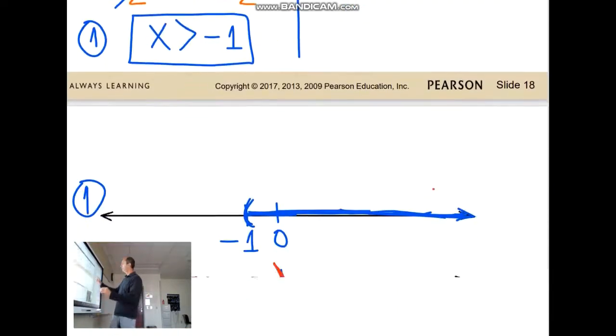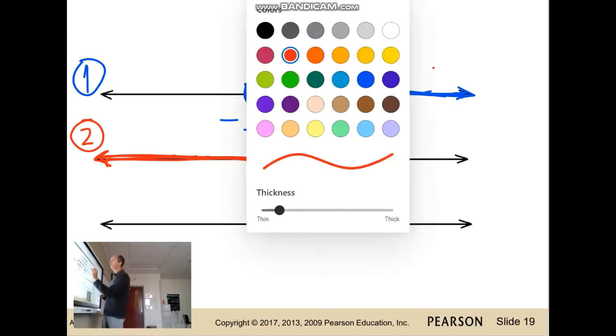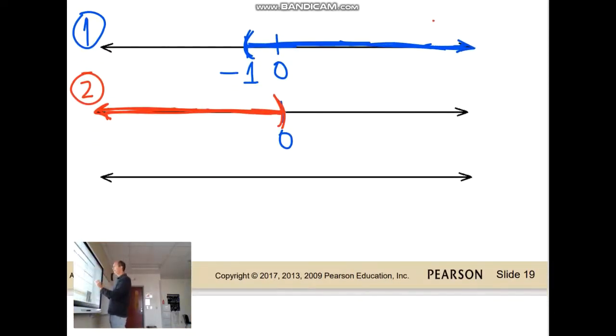Is that okay? Right. We are working on union. Remember, the word for union is or. Every number or line or anything that you see here that has color blue or has color red is included. So check the first here, this negative 1.